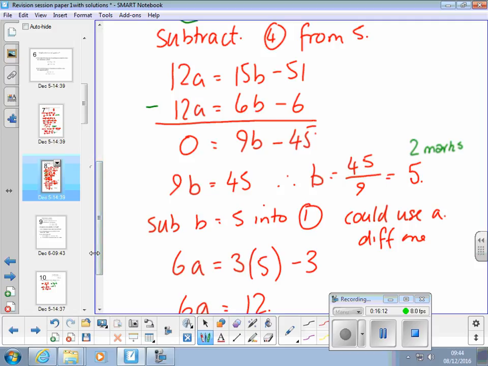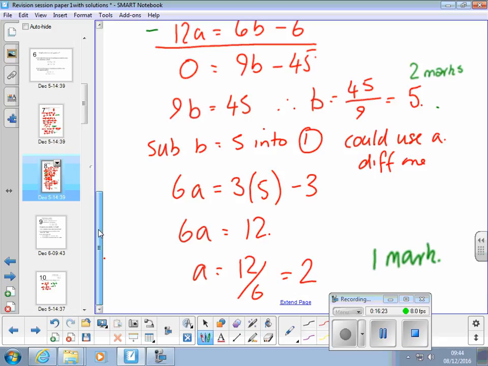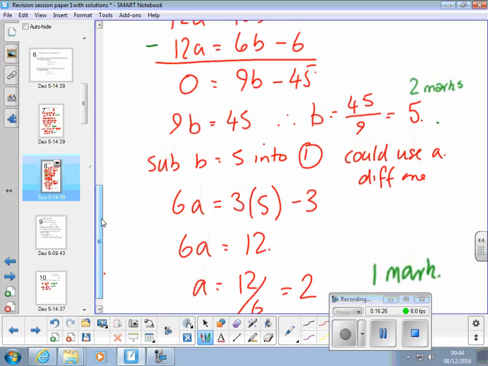Rearranging all of that, you end up eventually with b equals 5.